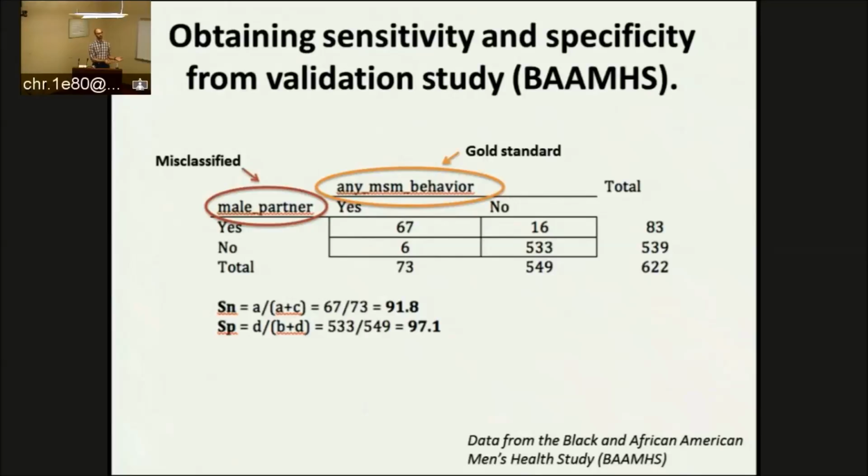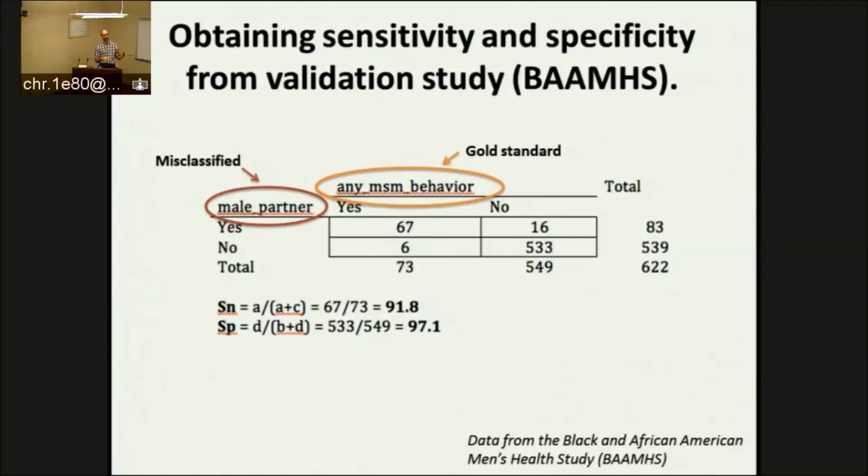But what I will ask is some question like, what's your identity? Maybe I'll ask something about have you had male sex partners in the past year or lifetime. So I have some knowledge, but I need to be able to infer behavior from that. Well, we had this study at Drexel, a study that was done in Boston called the Black and African American Men's Health Study, where we actually had very specific, nuanced sexual behavior questions.